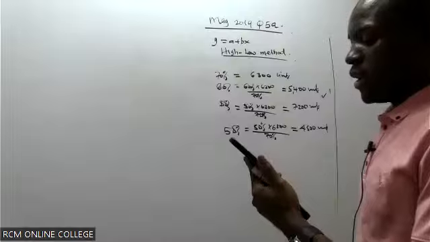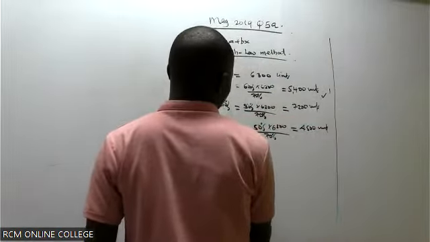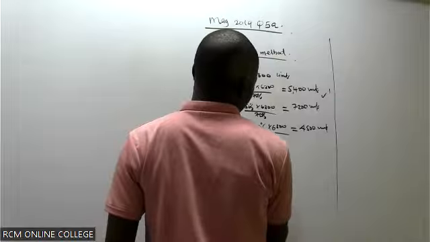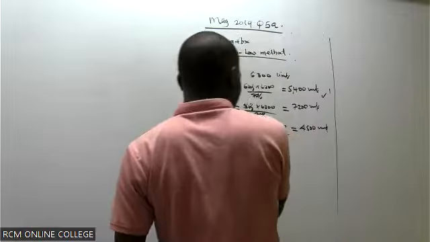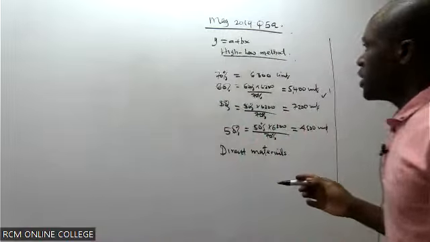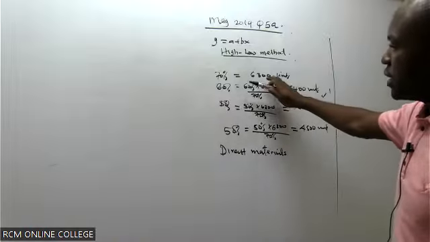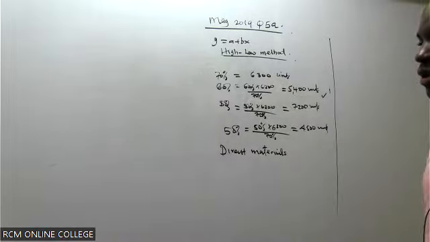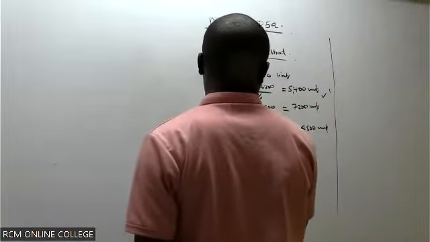Now let's come to direct materials. Here, the total cost is being driven by the activity level. Our activity level hapa tumesema ni nini? Ni units that have been produced. Na hiyo inaitwa X. So what do we have as X?